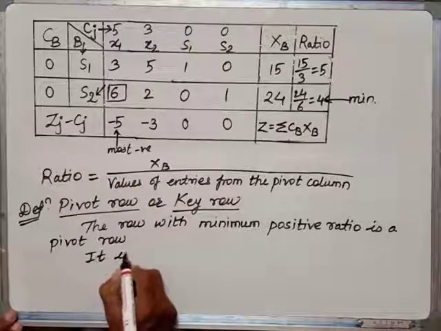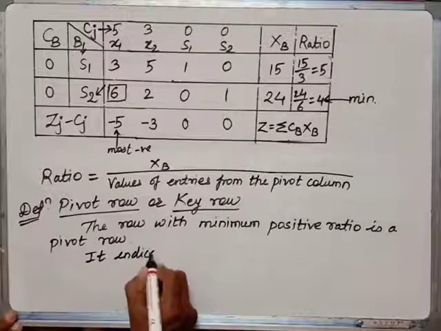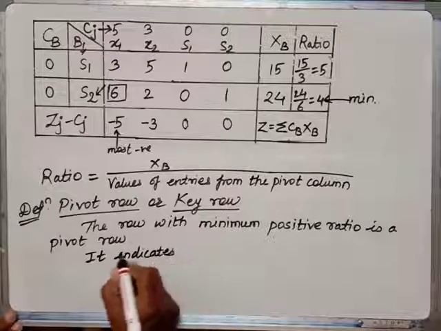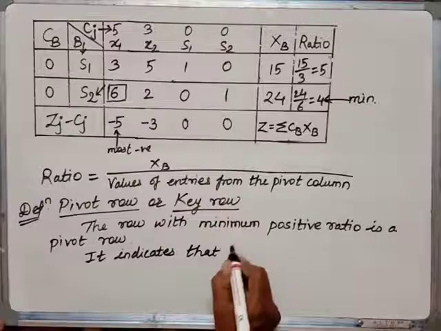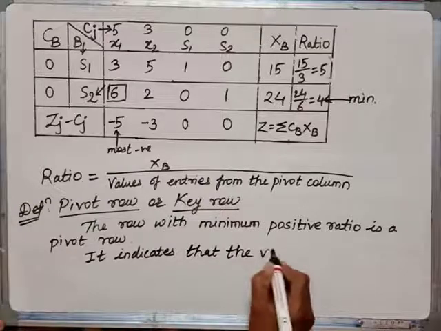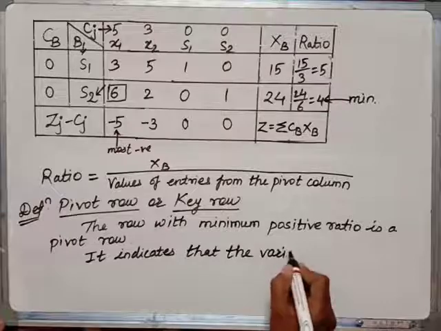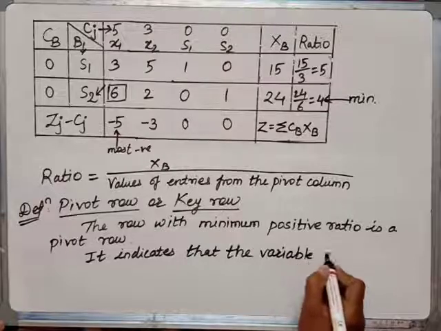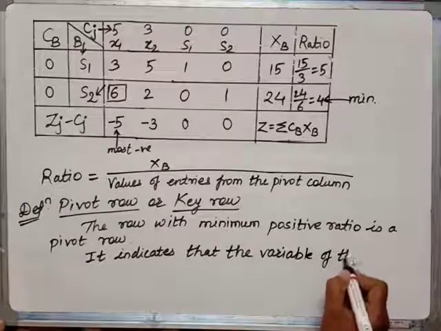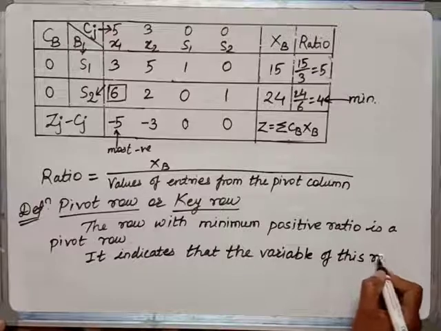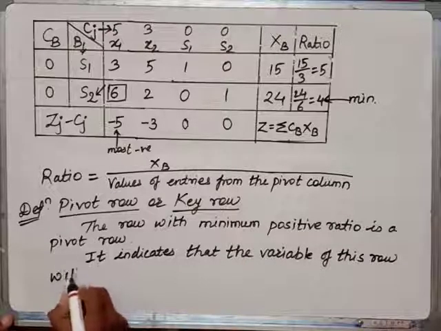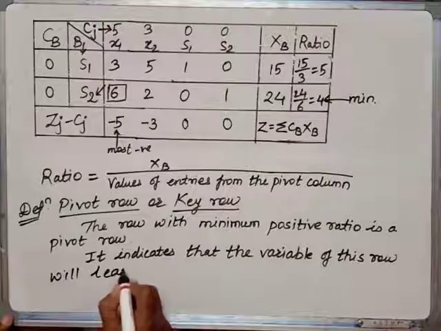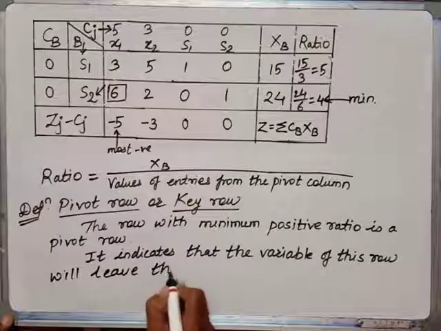It indicates that the variable of this row will leave the basis.